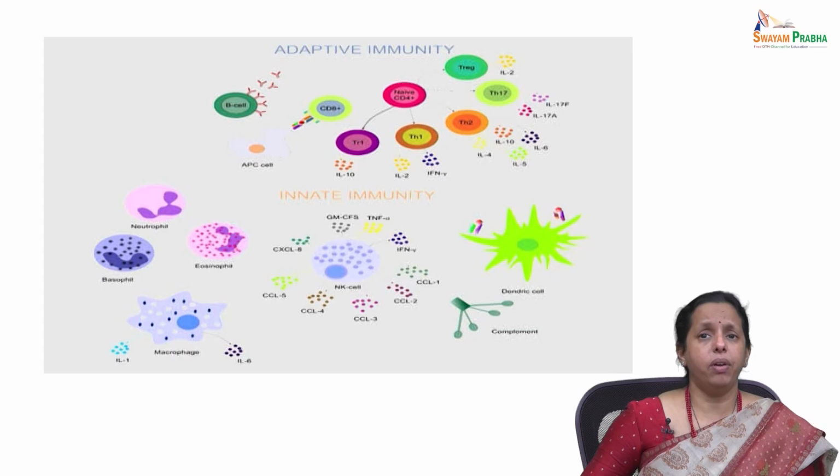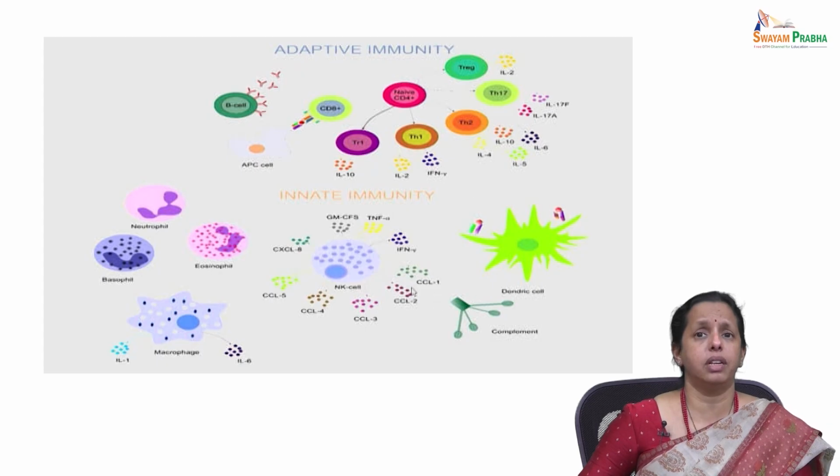Then you have your activated natural killer cells, which produce a number of cytokines such as your IFN alpha and your TNF alpha. Recollect that in your basics of cancer biology, we were discussing the cytokines.